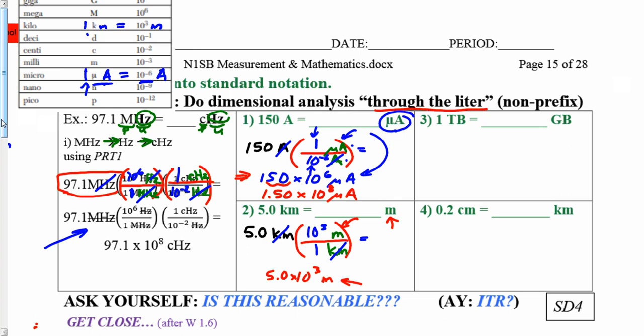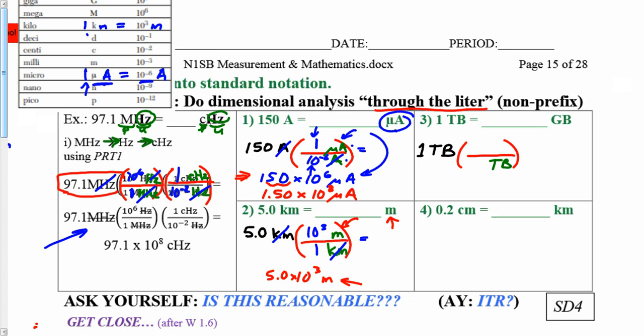All right, let's do a couple that are not harder, but just a little more in the way of steps. 1 TB. It doesn't really matter what TB is, but it's terabyte. So 1 terabyte. Multiply by a fraction. Okay. Get them units in there. We want to get rid of TB. Let's put them down here, terabytes.